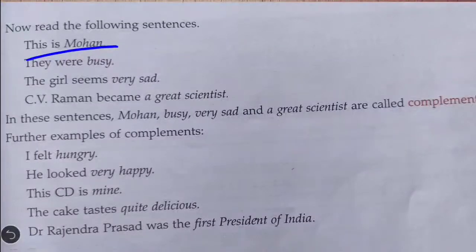It's not an action of some other person. They were busy. The girl seems very sad. C.V. Raman became a great scientist. In these sentences, Mohan, busy, very sad, and a great scientist are called complements.